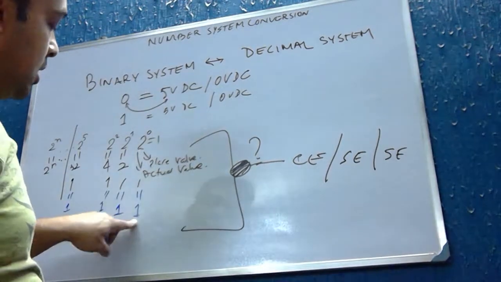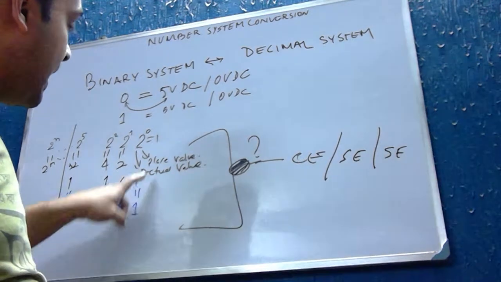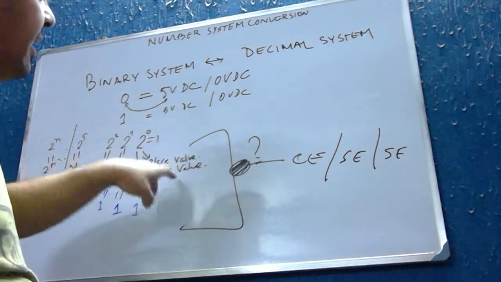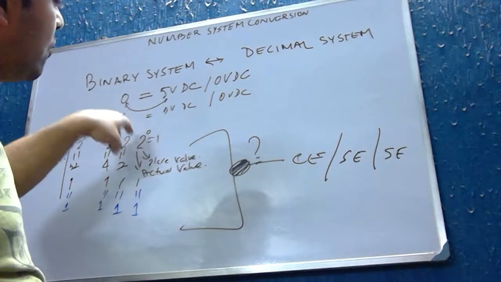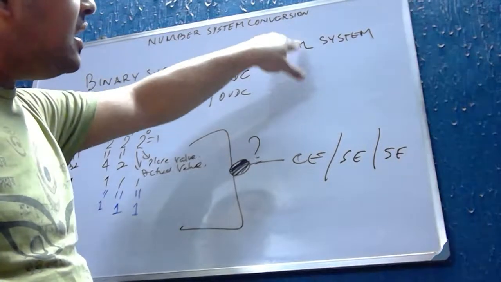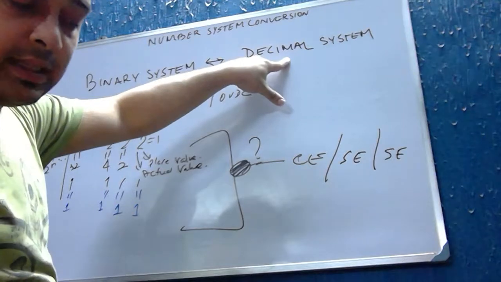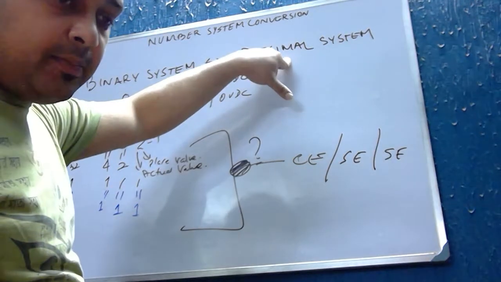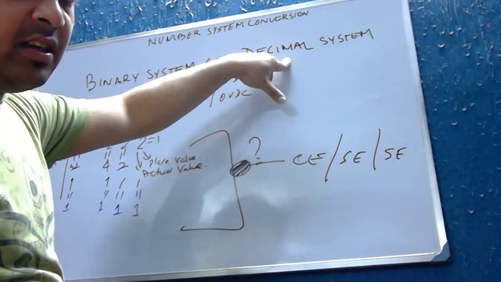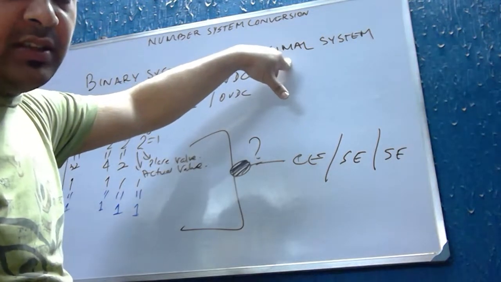Now you multiply the position or the place value of each and every actual value. That is, if 2 to the power 0 is present in your decimal system, then you must give its presence over there. It's like if a boy is present in your class, you must tick him as present in your attendance register, right?